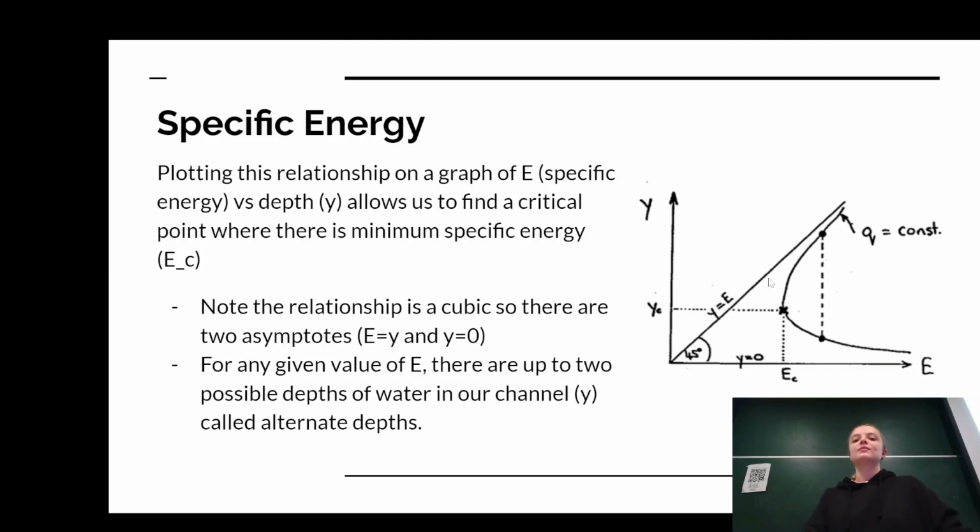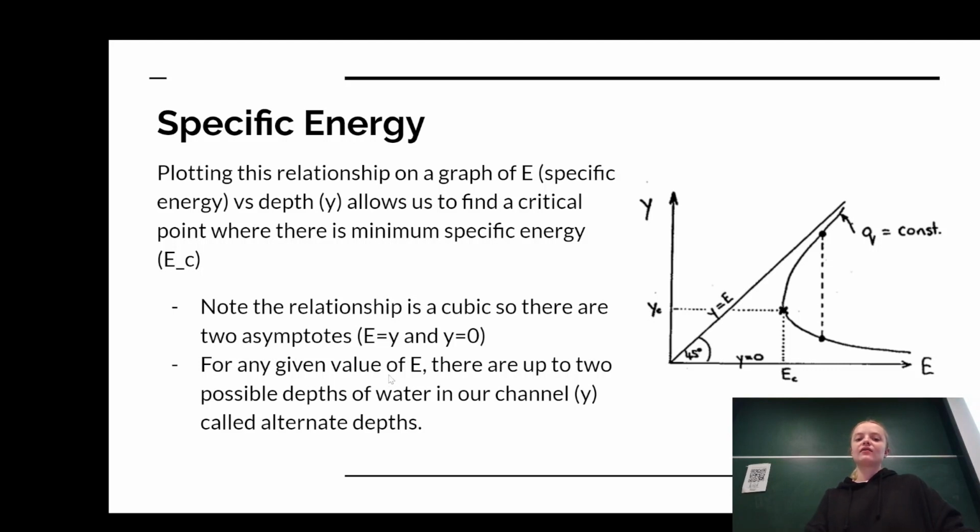And we know that's the case because this is a cubic function. And because of these asymptotes, we're left here with a little minimum value where we've got minimum E at this specific depth of water in our channel. So this minimum E is often called E critical, so critical specific energy, and then critical flow depth.